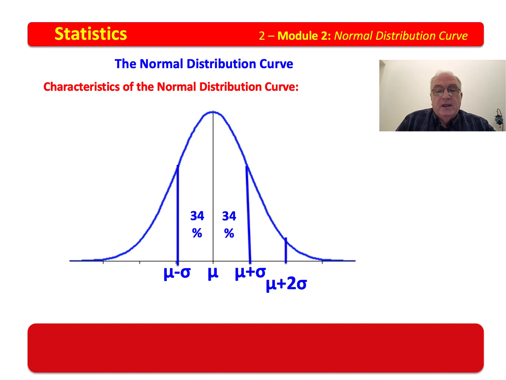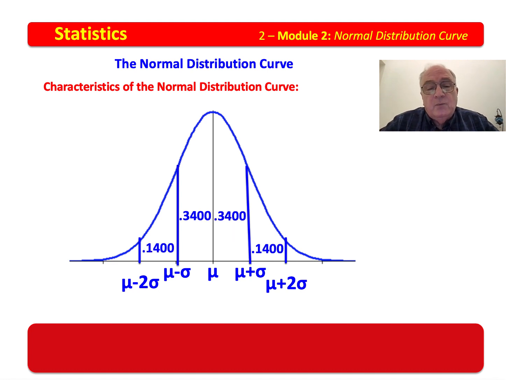Pretty clever. Now, if we go to 2 standard deviations above the mean, from 1 standard deviation to 2 standard deviations is 14%, and from 1 standard deviation below to 2 standard deviations below is another 14%. That means that we can convert these into areas under the curve between 2 standard deviations below and 2 standard deviations above.